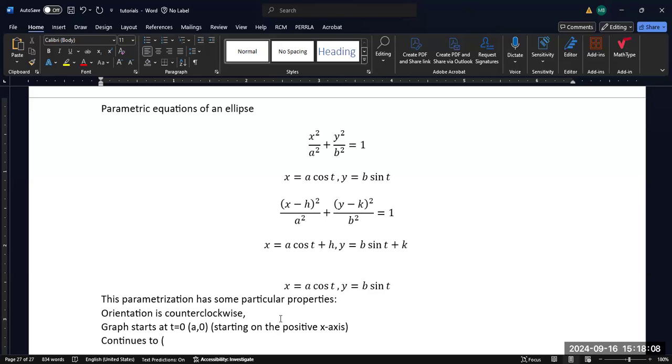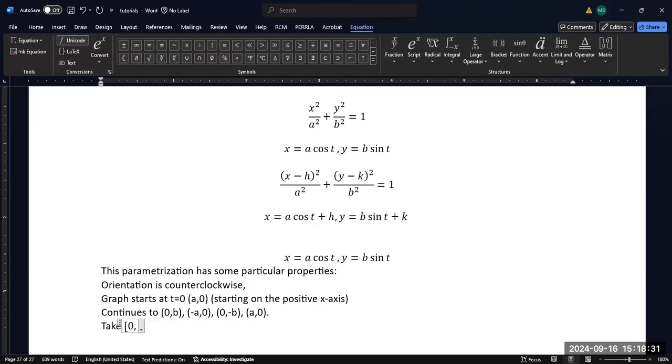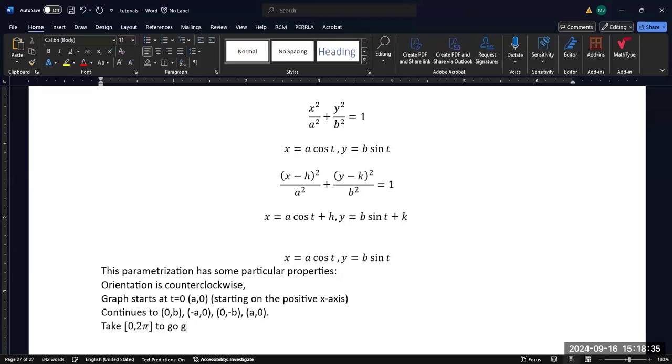So from (a, 0), it goes to (0, b), and then it goes to (negative a, 0), and then it goes around to (0, negative b), and then back to (a, 0). So that's the order that it goes around the graph. The second thing is that it takes the interval 0 to 2 pi to go around the ellipse one time.